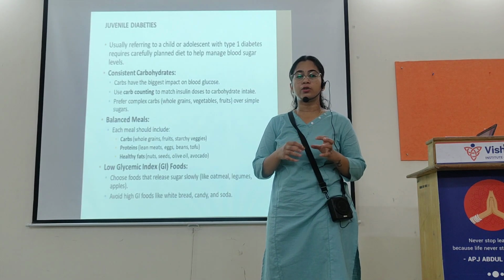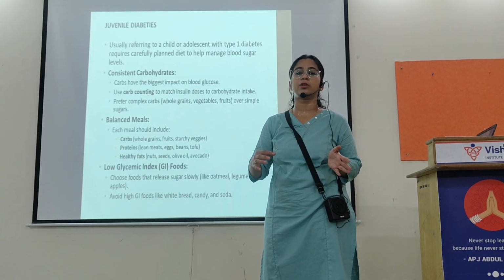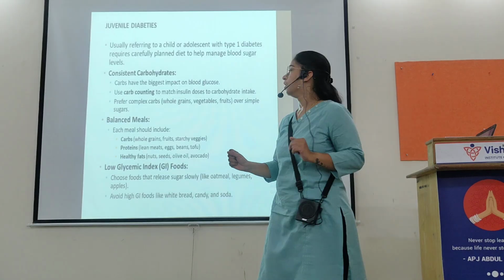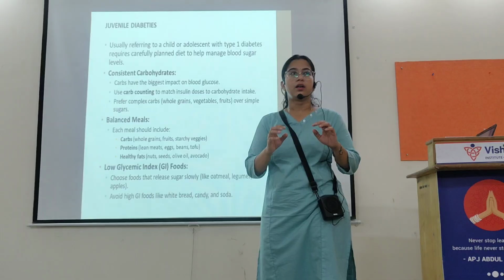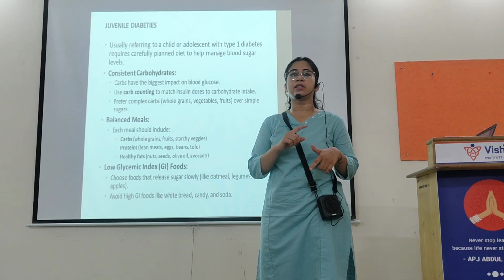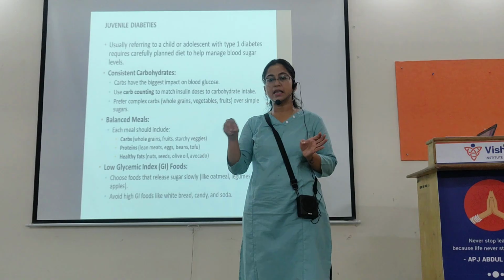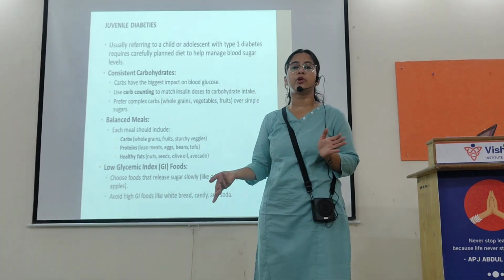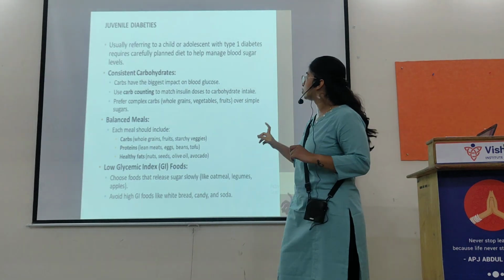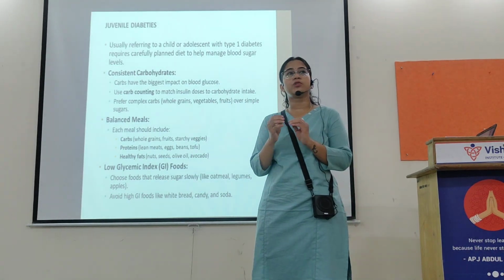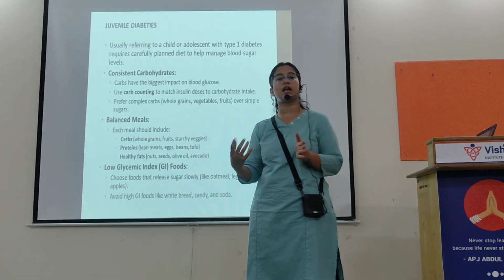So don't restrict it, just divide it into a 4-meal, 5 or 6 meal pattern. Then use carb counting. For example, if the child requires 300 grams of carbohydrate in a day, whatever he is eating, calculate the carbohydrate of it. That is carb counting, to match the insulin doses. Insulin secretion or insulin doses are according to the carbohydrate intake.